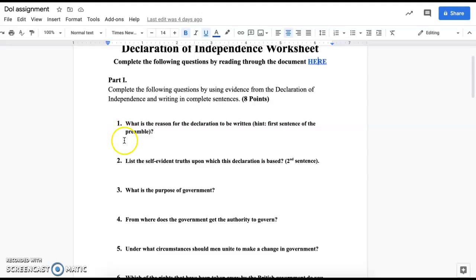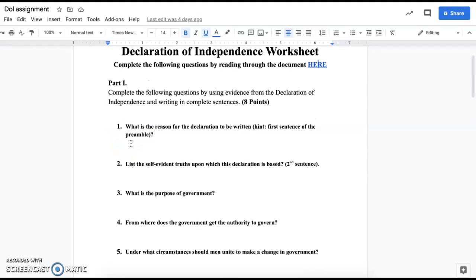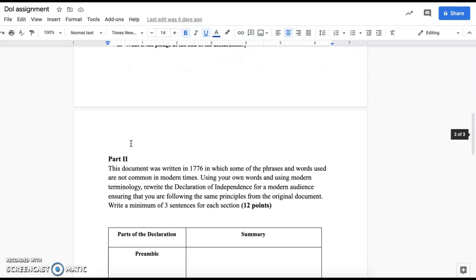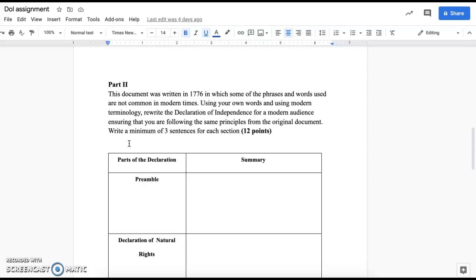And as you can see here, part 1 has just basic answers 1 through 8. Each one is worth a point. And then part 2, you're going to summarize the Declaration of Independence for a modern audience. So meaning that if the United States wasn't independent and was still being ruled by the British in modern times, how would you change the verbiage?